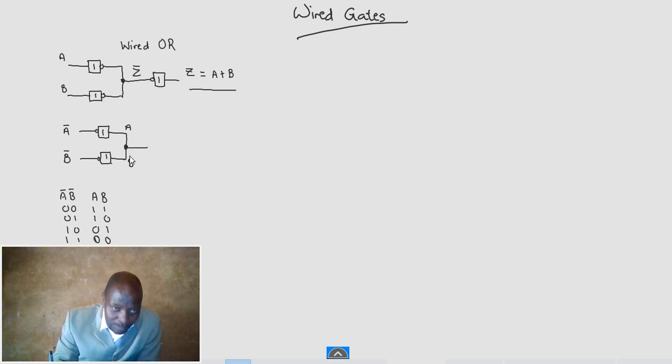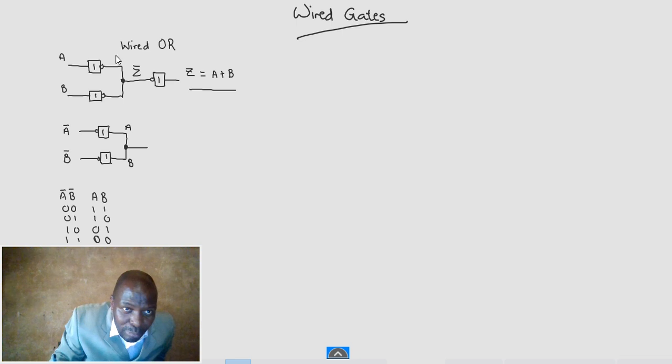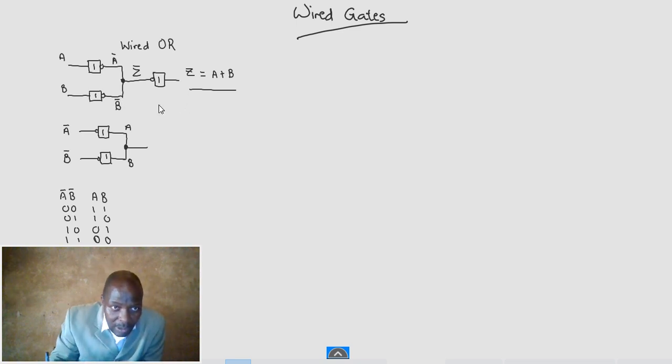Remember, the input to the gate was not A, not B. Now here we've got our inputs as A, B, from the inverting of the original inputs. Now our input to the actual wired gate is this A, B, and therefore our output Z, let's investigate.